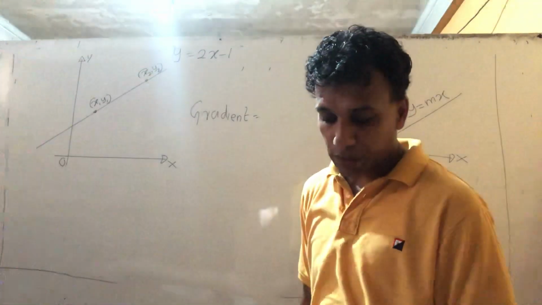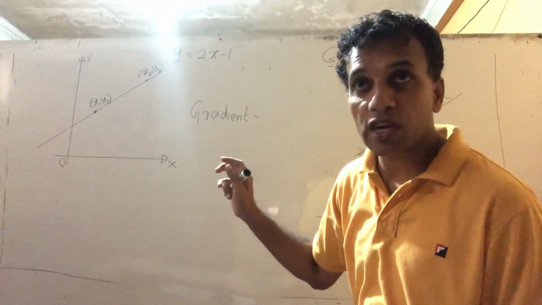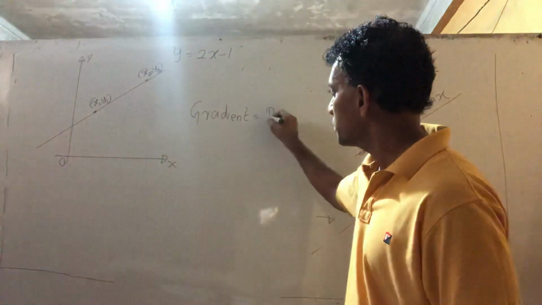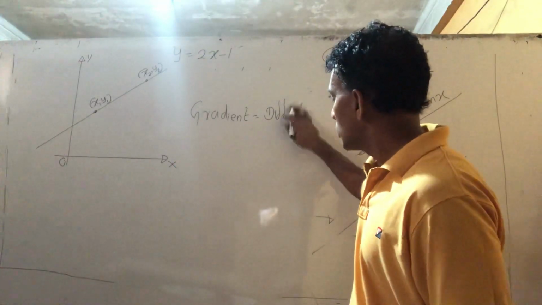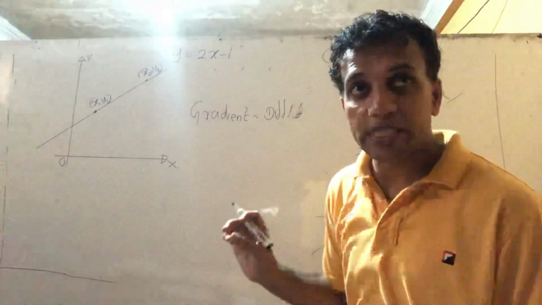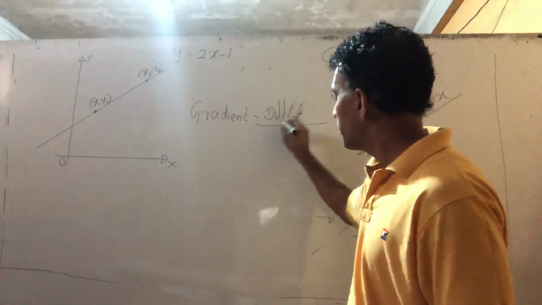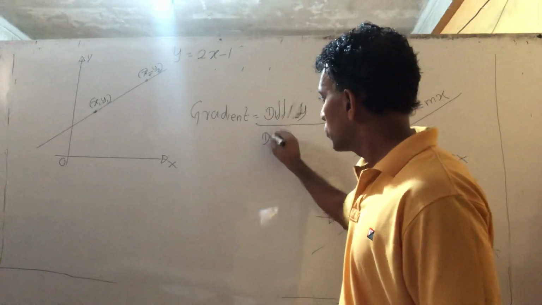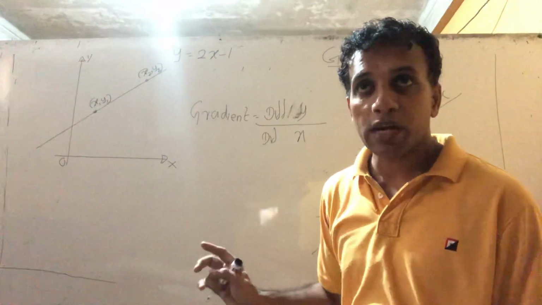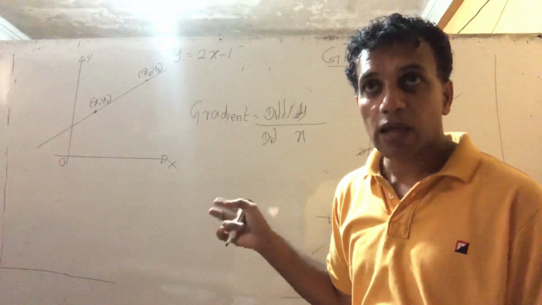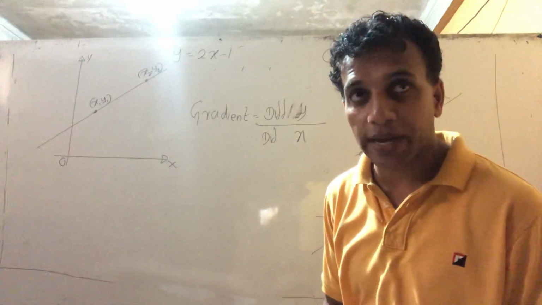Gradient equals the difference between the y coordinates, divided by the difference between the x coordinates, right?